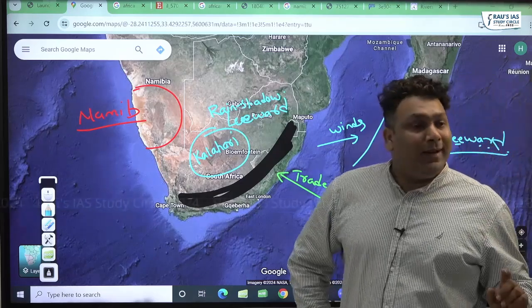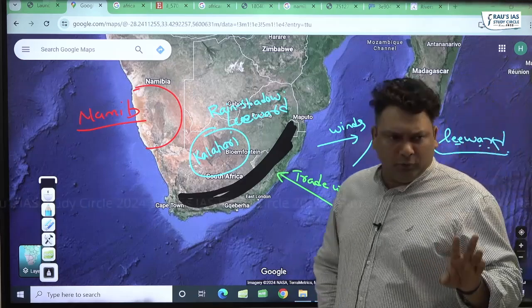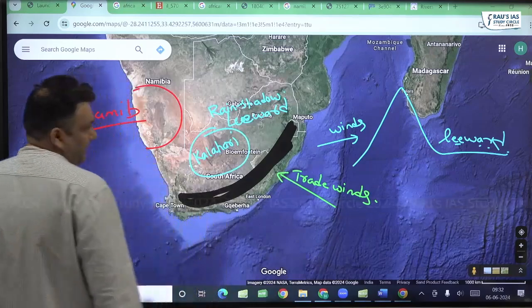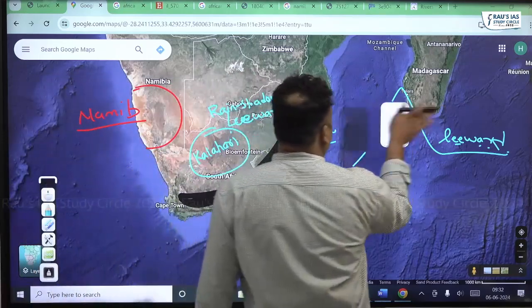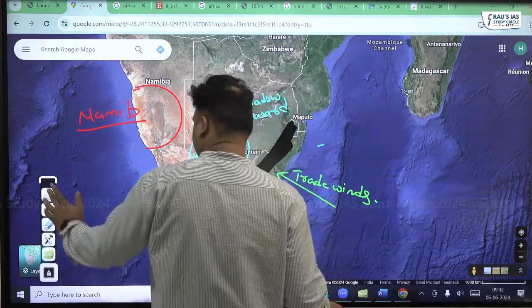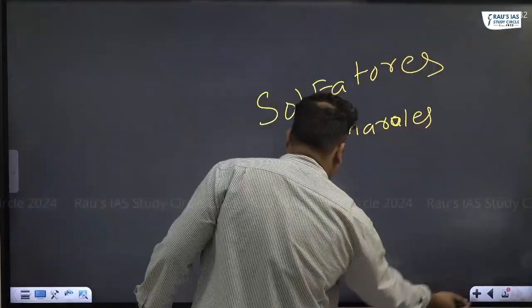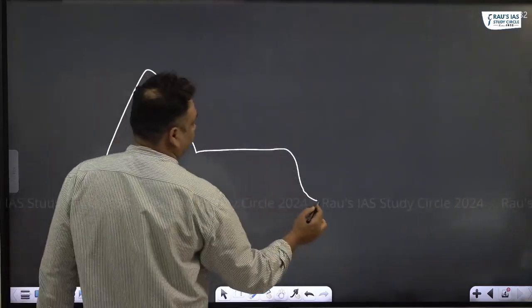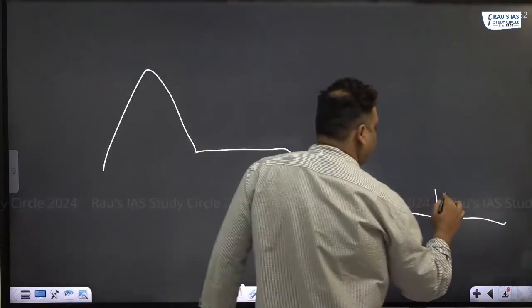Now let's see some of the plains of Africa. I'll be telling you only 2-3 important ones. Just now I told you, this is somewhere your Kalahari is.